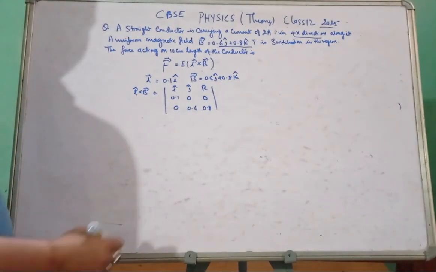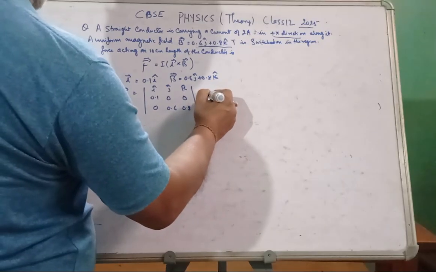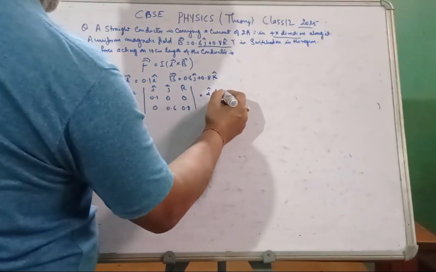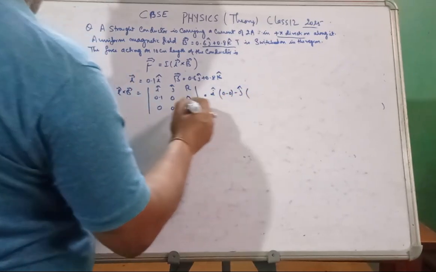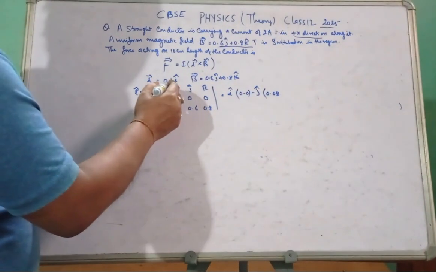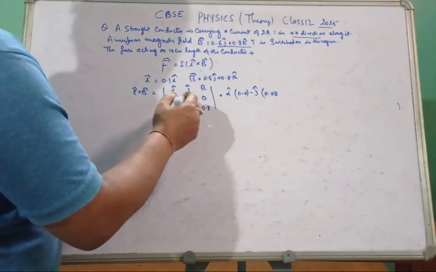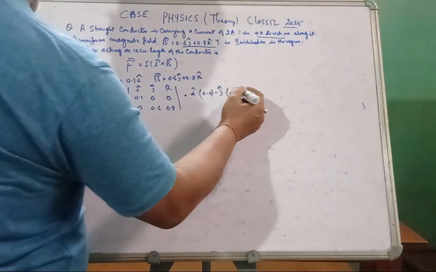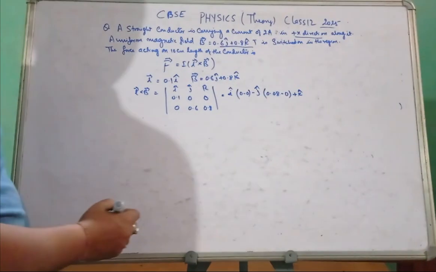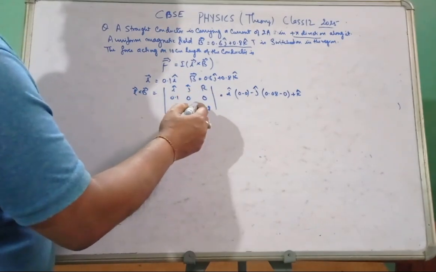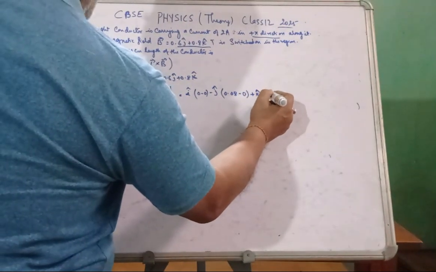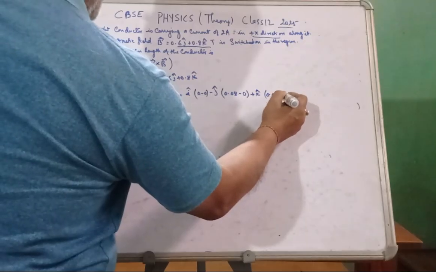So i cap times (0 minus 0), minus j cap times (0.08 minus 0), and k cap times (0.06 minus 0).